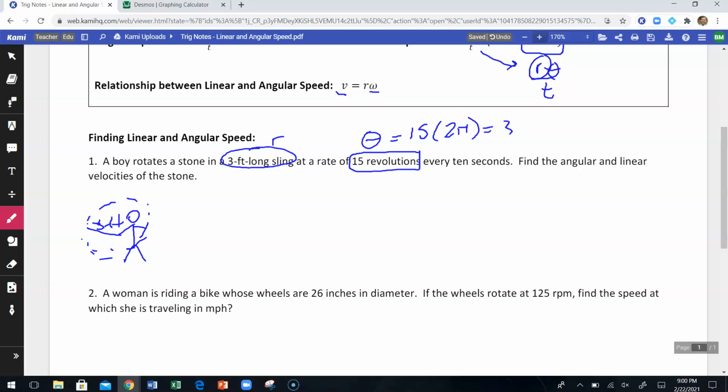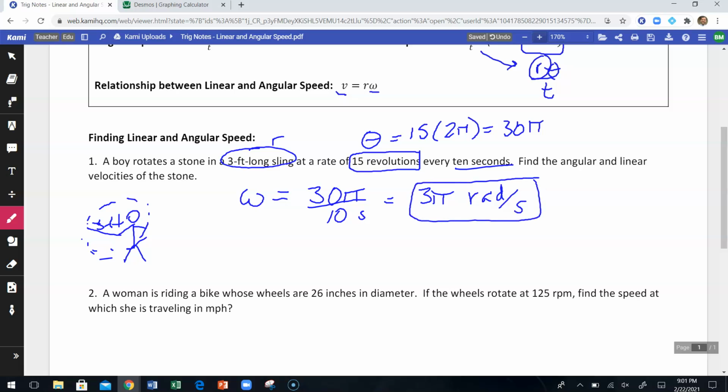So that is an angle of 30 pi radians, which means that our angular velocity is simply going to be the angle that we traverse, which is 30 pi, divided by the time that it takes it to do that, which is 10 seconds, which would give us 3 pi radians. Every time that you do an angular velocity, it's in radians per time element, so per second, radians per second.